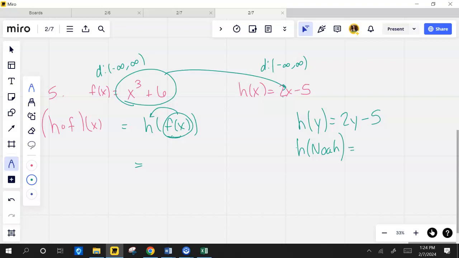Put Noah inside H for the variable. It's going to be 2 times Noah minus 5. It doesn't matter what's in the parentheses. It replaces the X completely and totally. The one inside replaces the X's in the outside one. Noah replaces all the variables in H.